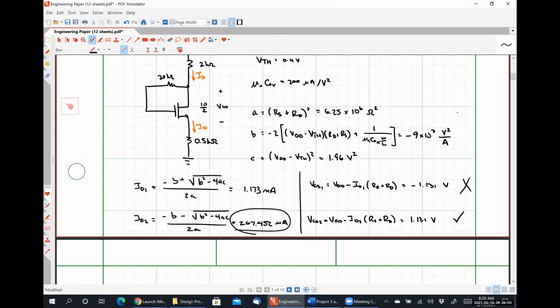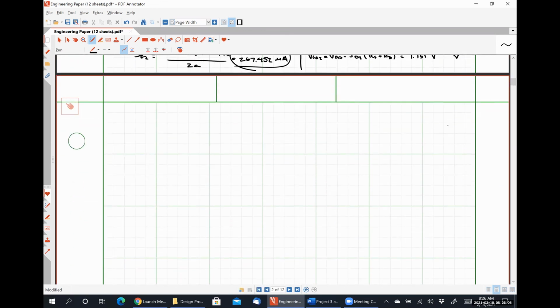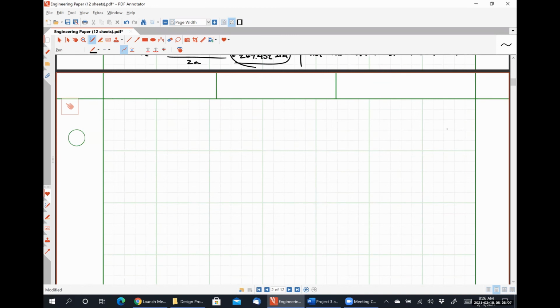All right. One last biasing scheme that you may see is what's called the diode connected MOSFET. The diode connected MOSFET is really just a special case of a self-biased MOSFET.